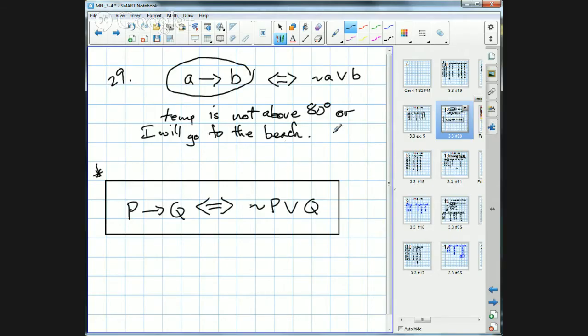So would it be correct to say if the temperature is not above 80? Here's my translation. Correct. Not if. Now it's an or statement. See that? Now it's an or. So you say the temperature is not above 80 degrees, or I will go to the beach.